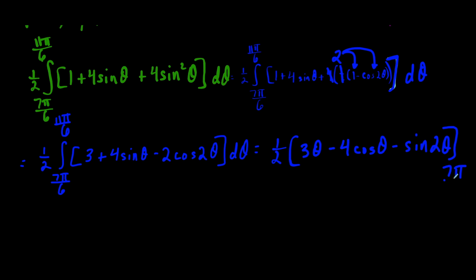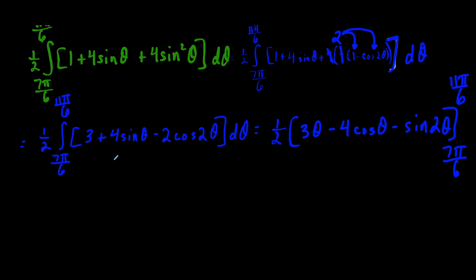Remember, to check if you did the antiderivative correctly, you can take the derivative of your answer. Be really careful with these sign changes. For the last one, be careful of the 2 theta: when taking the antiderivative, you also have to divide by 2, which wipes out that coefficient of 2.